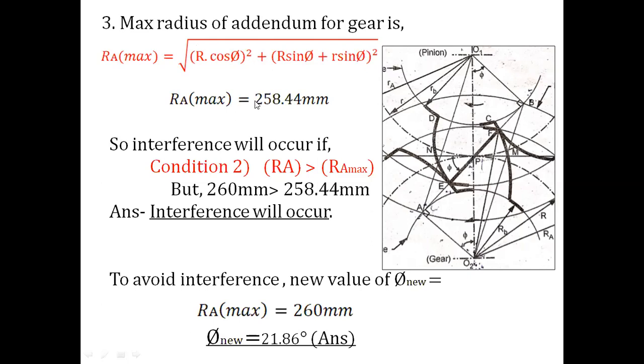By solving this numerical with RA max 260 mm, we get the new pressure angle to avoid interference as 21.86. That will be the answer. Clear?